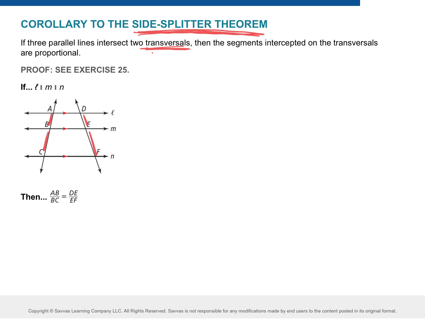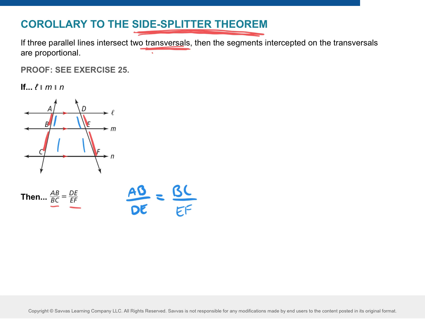Remember, proportions work multiple different ways, just as long as your relationships are consistent. Here they wrote AB over BC equals DE over EF. Another way we could write that is AB over DE, so this side over this side, equals BC over EF.